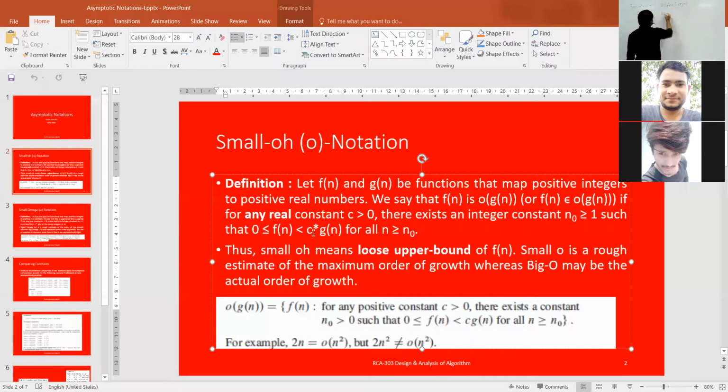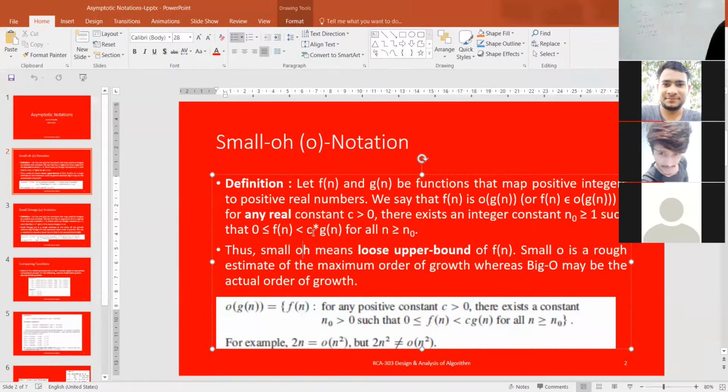But for small o, we write 0 less than or equal to f(n) less than C into g(n). There is no equal to here. Is this clear? So this is small o notation.